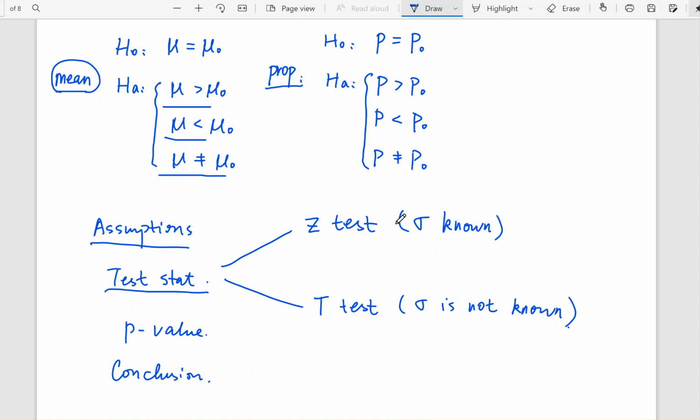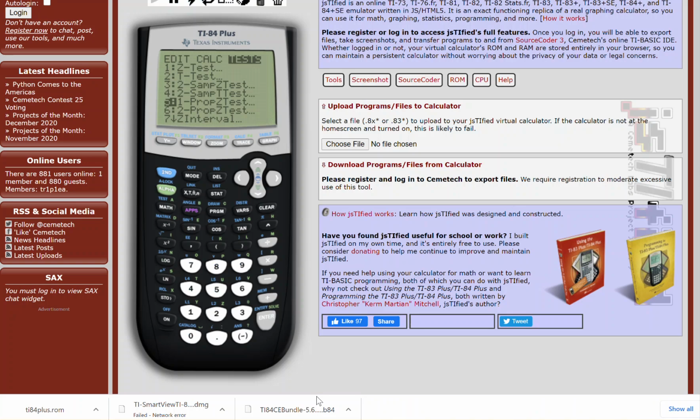These two options are testing about the mean, but if you have a proportion test, you do not have two directions. You can only get a z-test. We do not have a t-test option for proportion. That is why there is no t-test option here. There is only one, the 1-proportion z-test.